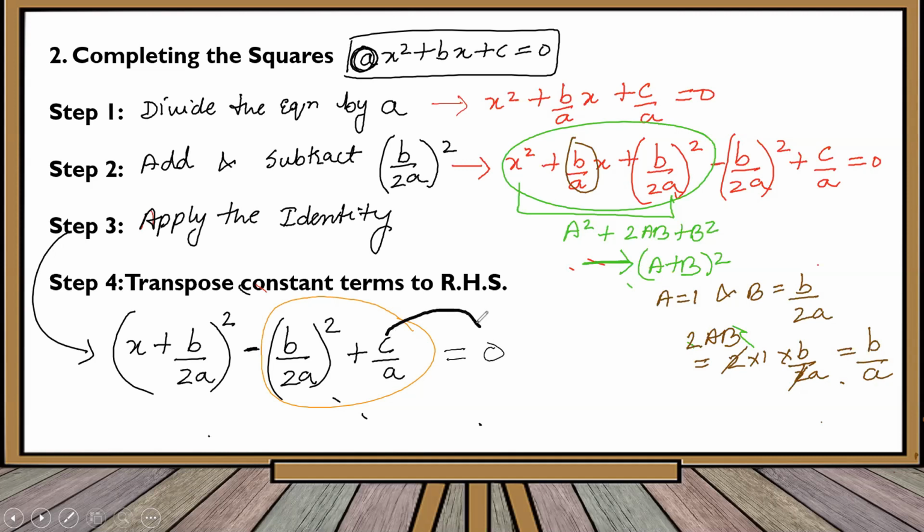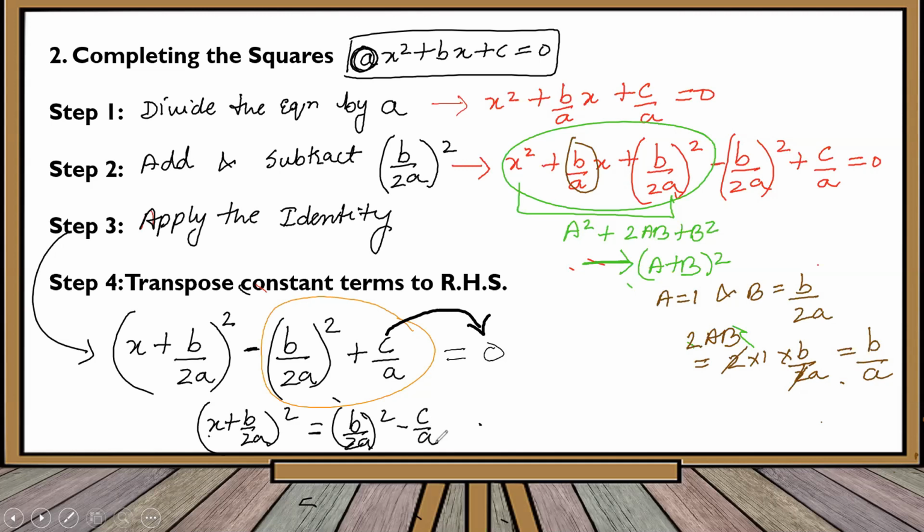I am just shifting everything to RHS, and what I get after shifting this to RHS will be x plus b upon 2a whole square equal to, this minus will become plus b upon 2a whole square minus c upon a.